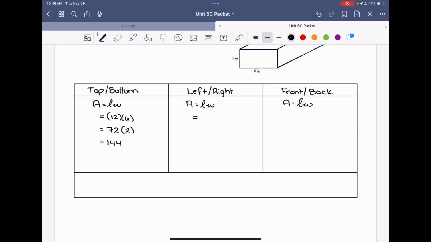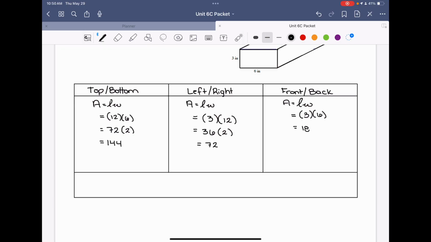For the left and the right, I did 3 times 12, which is 36. And again, if you, for some reason, were to put that as the front and the back, that's okay. It's just as long as you have all of these answers at the end. Just a way to help us organize our work. We're multiplying that by 2, which gives us 72, and 2 more sides, times 6.